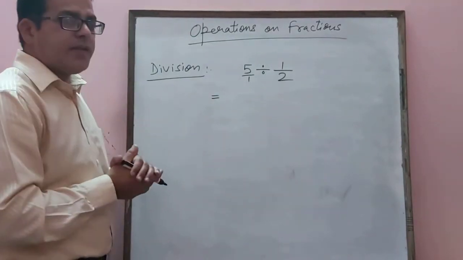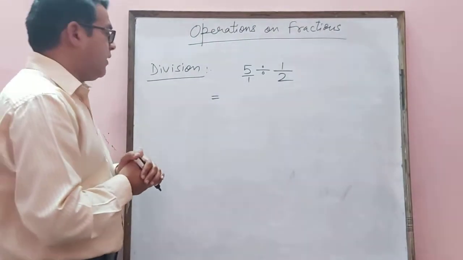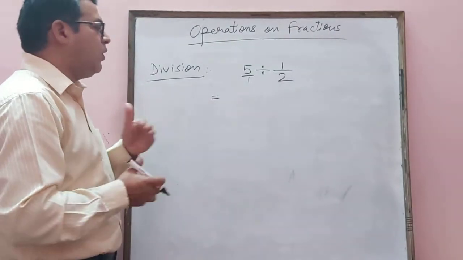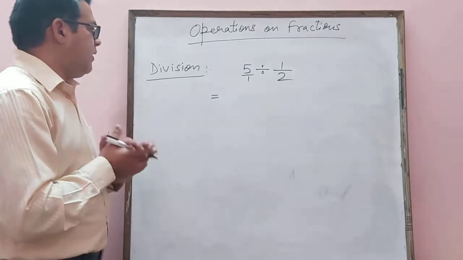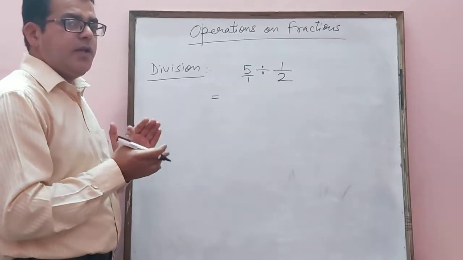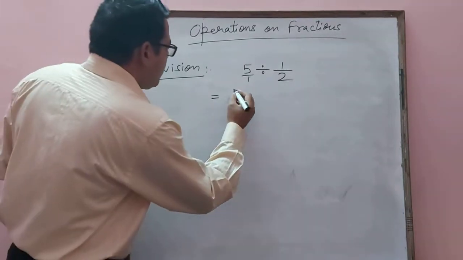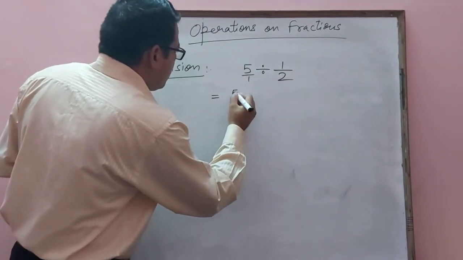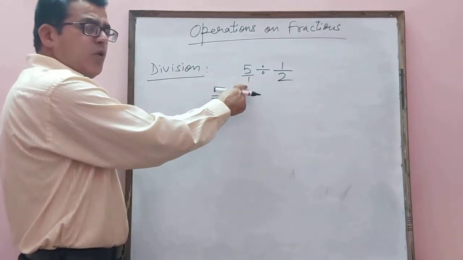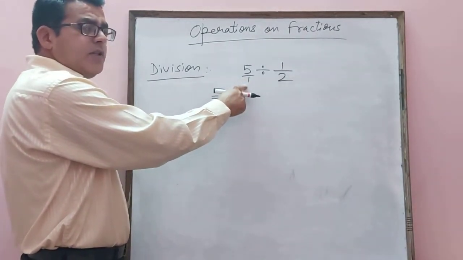Division of fractions is very interesting. If you know how to multiply fractions, then we can also know how we divide fractions. So to do this, you know that this 5 by 1, what is this called?